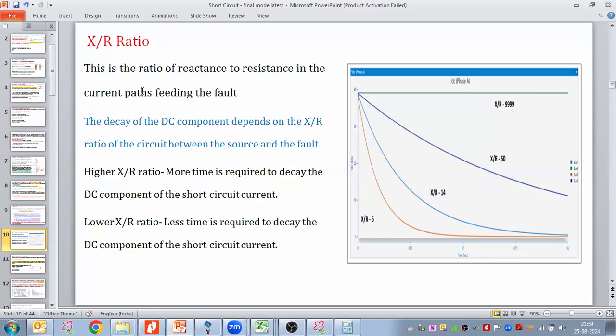The path which is feeding the fault current will have some impedance, some resistance and reactance. So I'm telling that the ratio of that path's X and R is the X by R ratio. The decay of DC component depends on the X by R ratio of the circuit between the source and the fault.